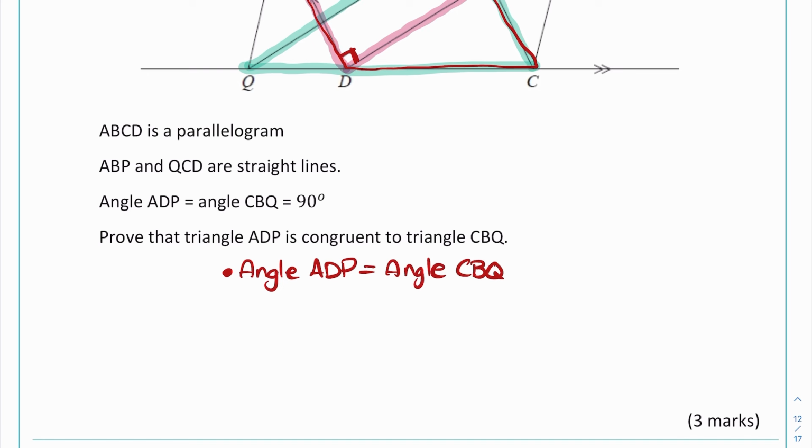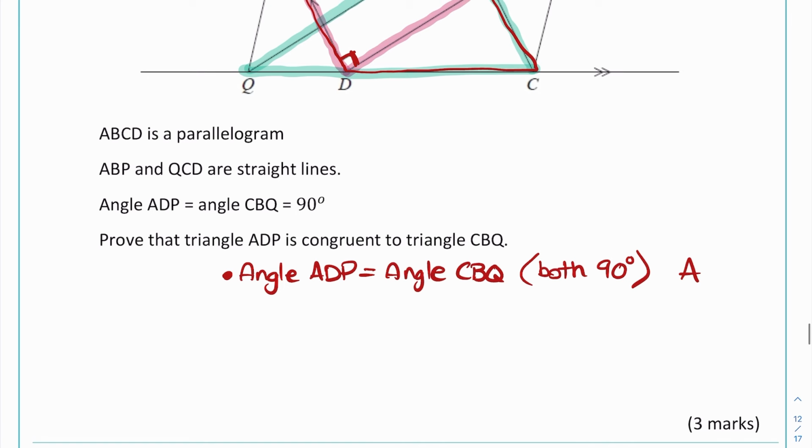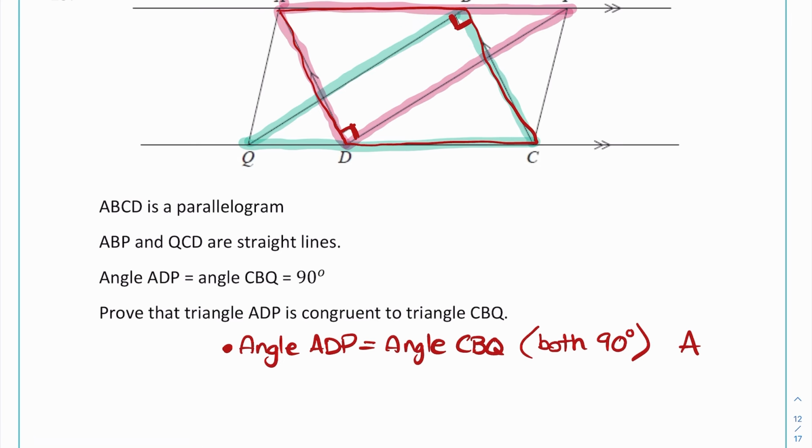Now what we can write is that it's given in the question, but next to that I'll just put here both 90 degrees. You could write there as given in the question. So that right there is an angle. So I'm just going to write an A there so I know how to write my conclusion.